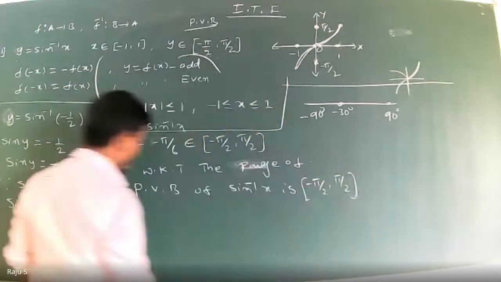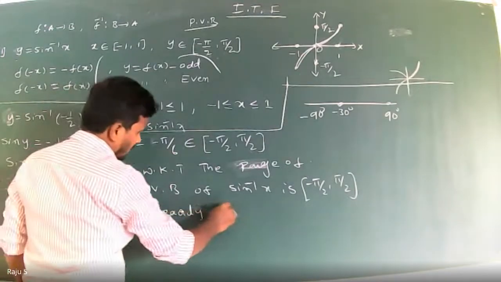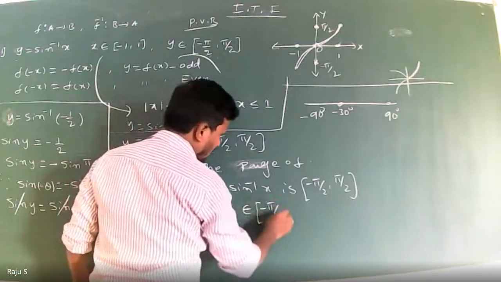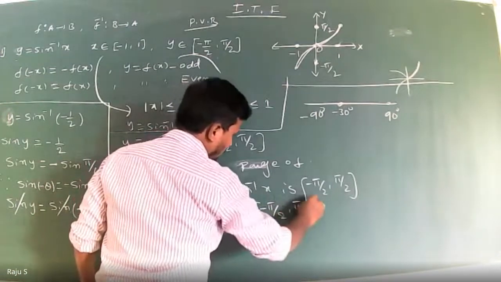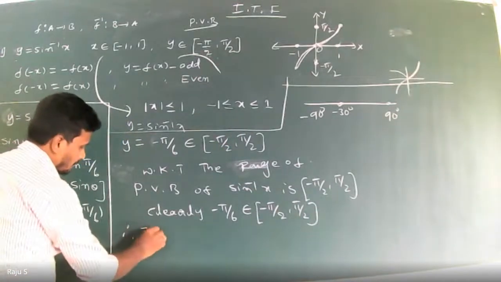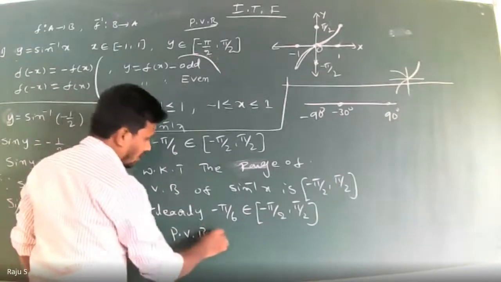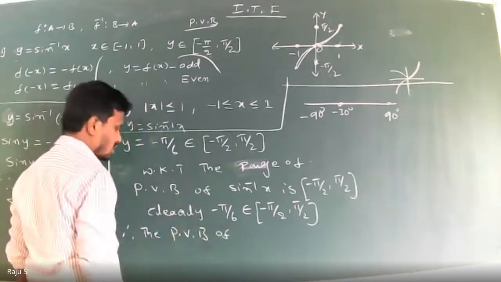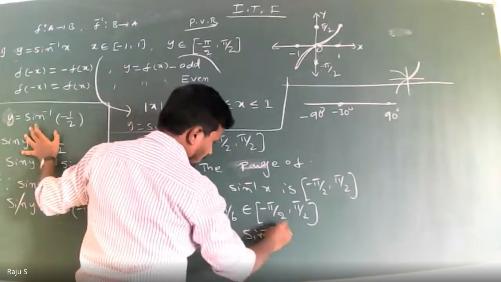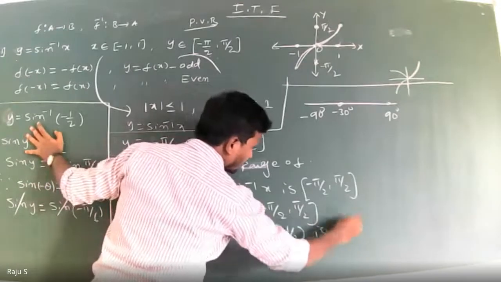So after this, clearly minus pi by 6 belongs to minus pi by 2 to pi by 2. Therefore, now we can write, the principal value branch of the question. What is the question? Principal value branch of sine inverse minus 1 by 2 is minus pi by 6.